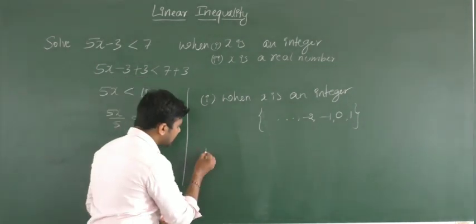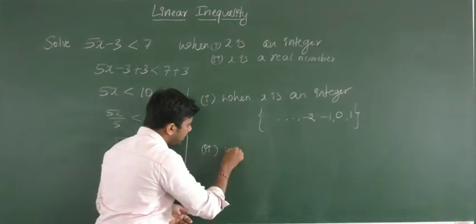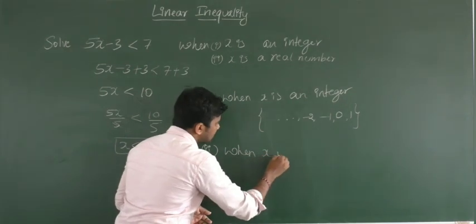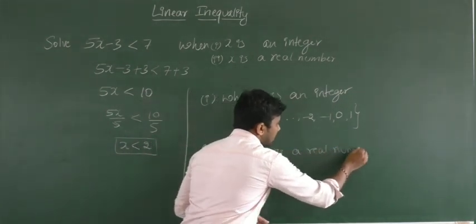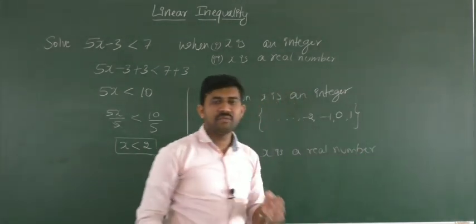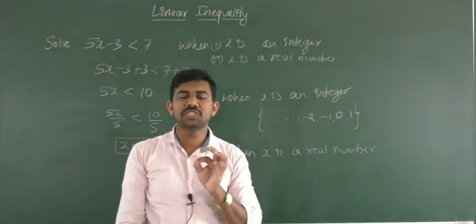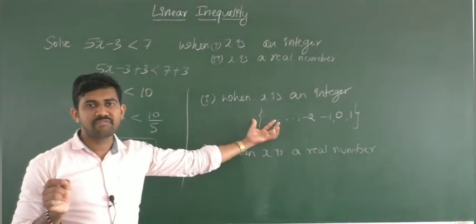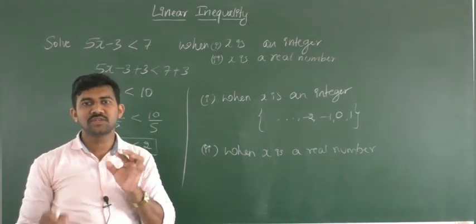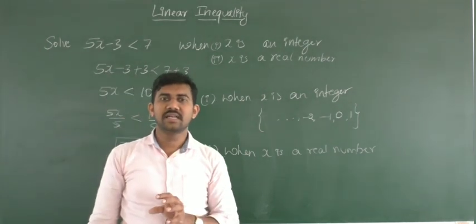Similarly, in the next case, when x is a real number, always remember that when asked to write the solution set in real numbers, you write the set in the form of an interval, because you studied this in your sets lesson.